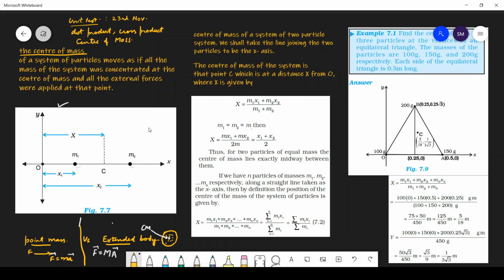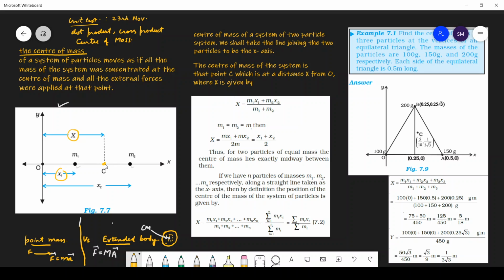Now the center of mass of this system is at a distance X from the origin. x1 is the distance of m1 from the origin, x2 is the distance of m2 from the origin, and capital X is the distance of the center of mass from the origin.